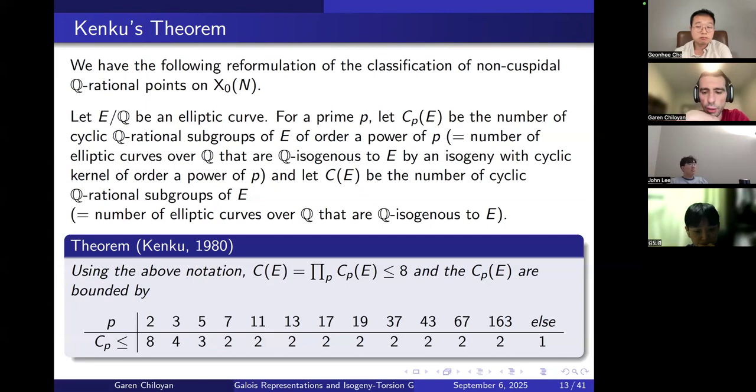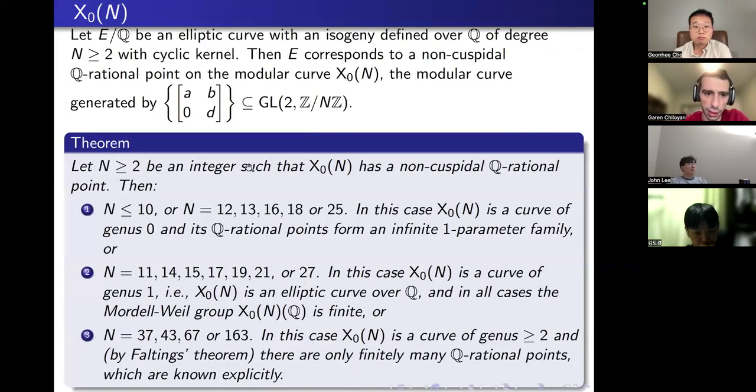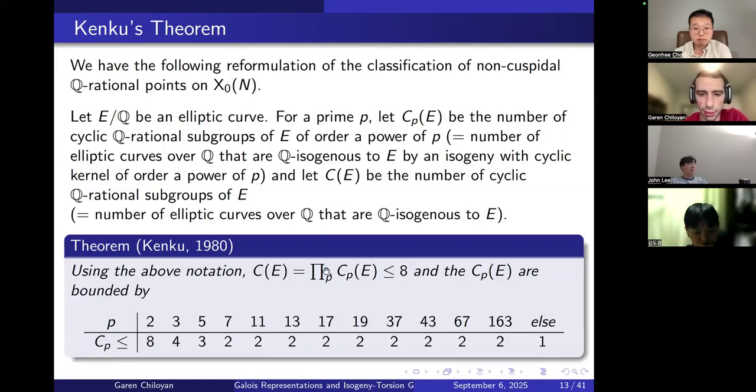Monsieur Kenku not only classified the rational points on X_0(N), he also reformulated that theorem into this, where for any elliptic curve, C_p(E) is bounded above by these numbers here, meaning that for each elliptic curve, the number of other elliptic curves that it is isogenous to by an isogeny of degree a power of all primes has these bounds.